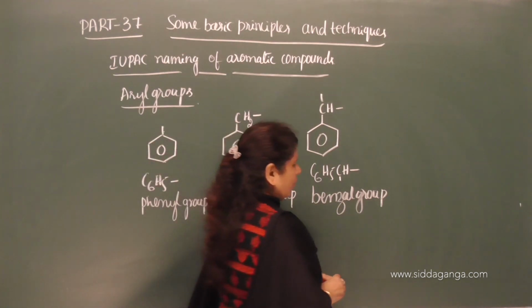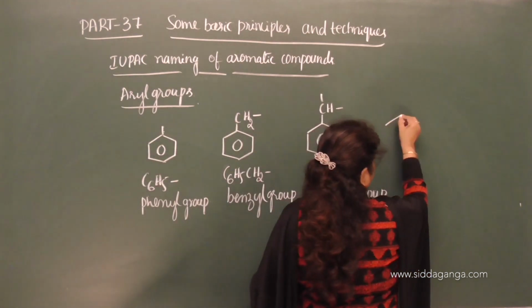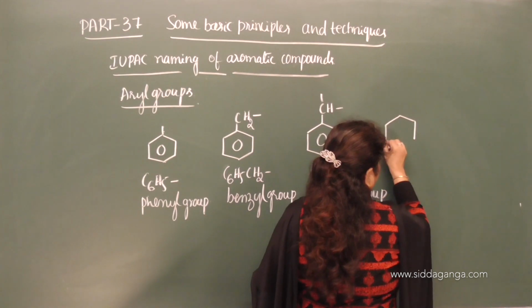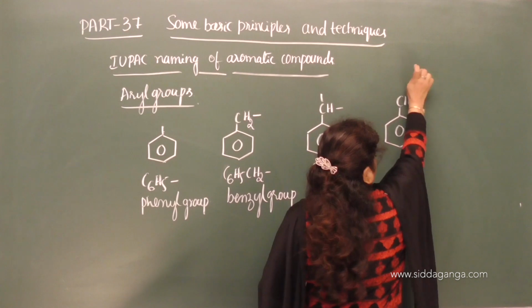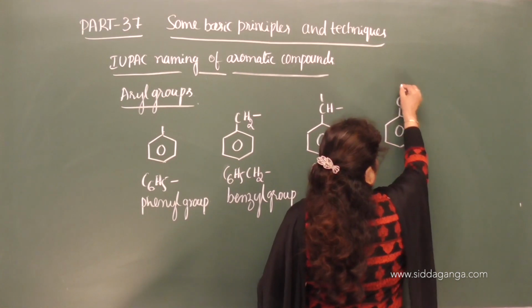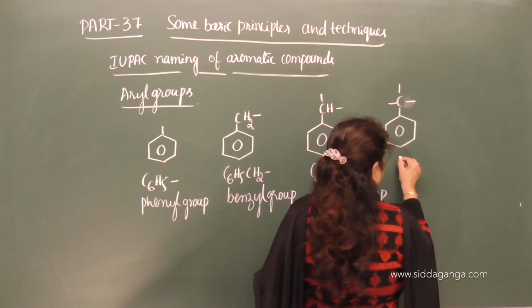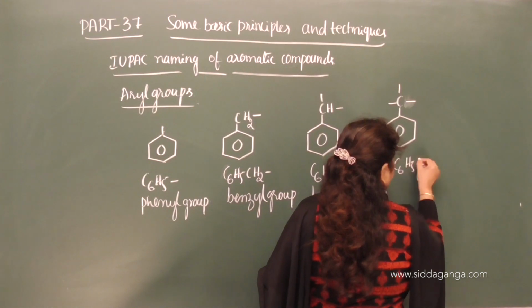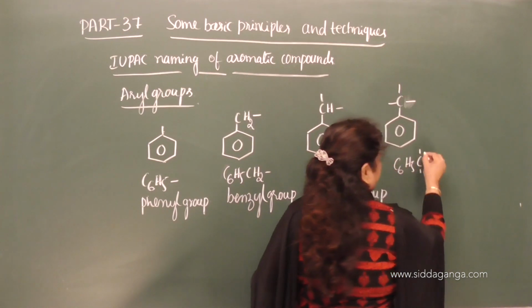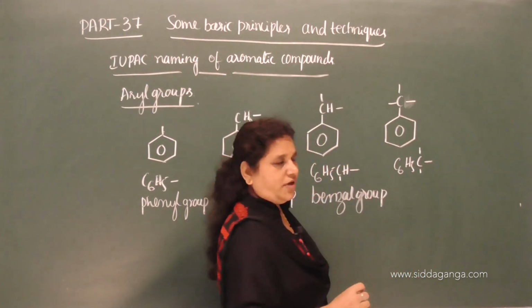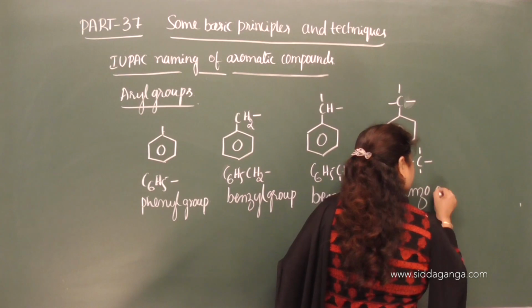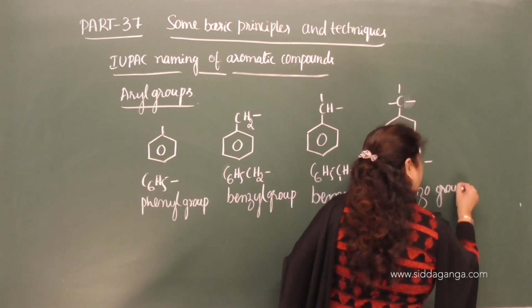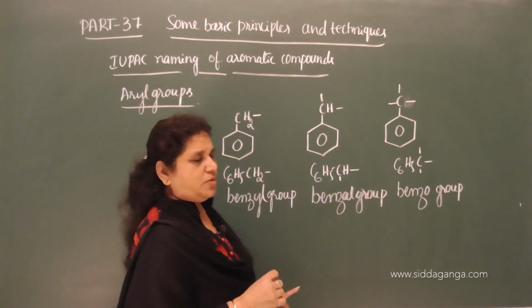Now, you remove all 3 hydrogen atoms from the side chain of toluene. Then it becomes C with 3 bonds, C6H5C, with only carbon, correct? Now, what is this group called? Benzo group.